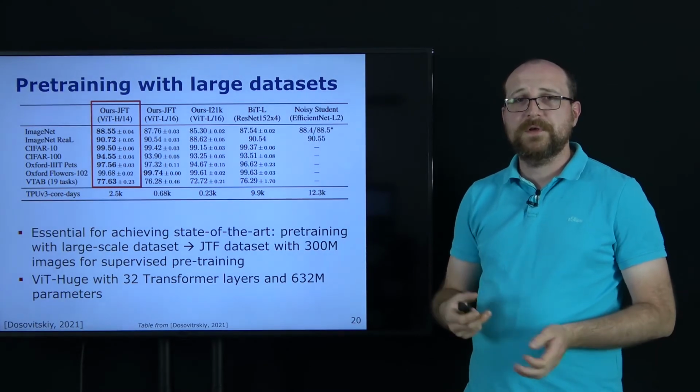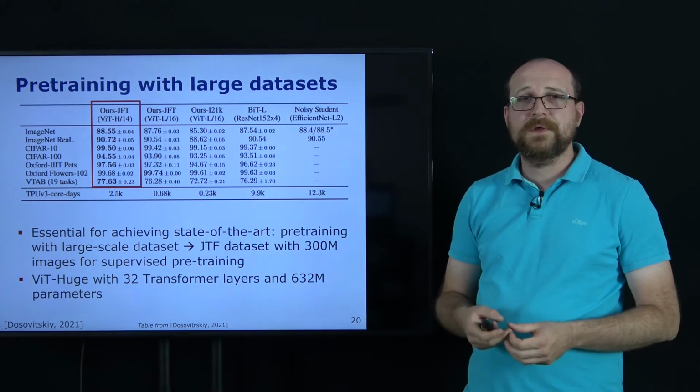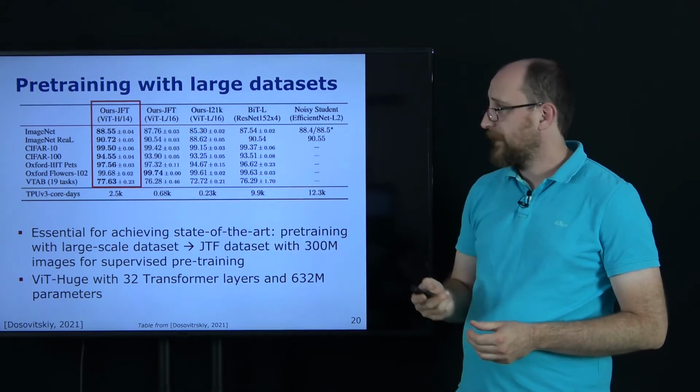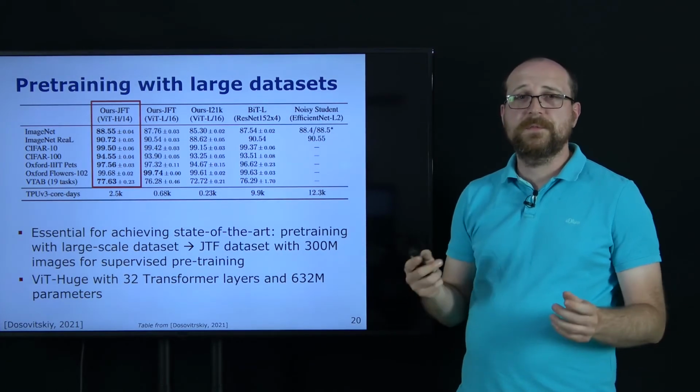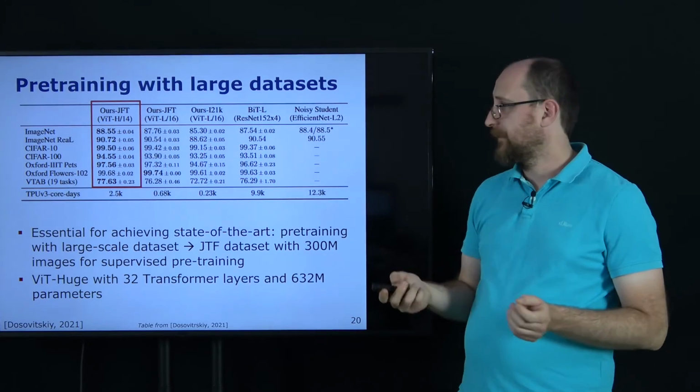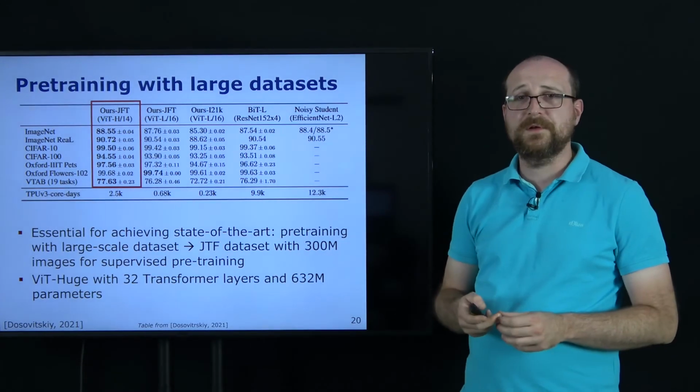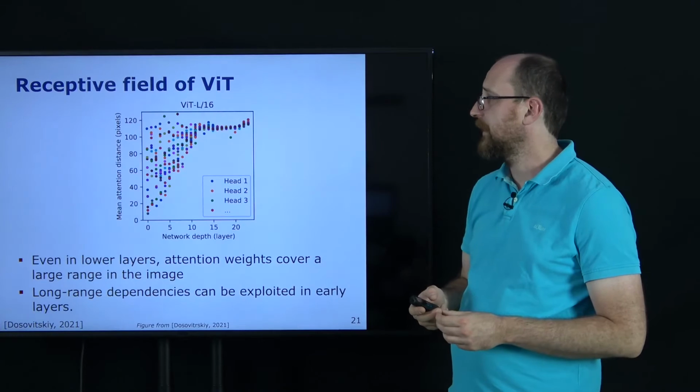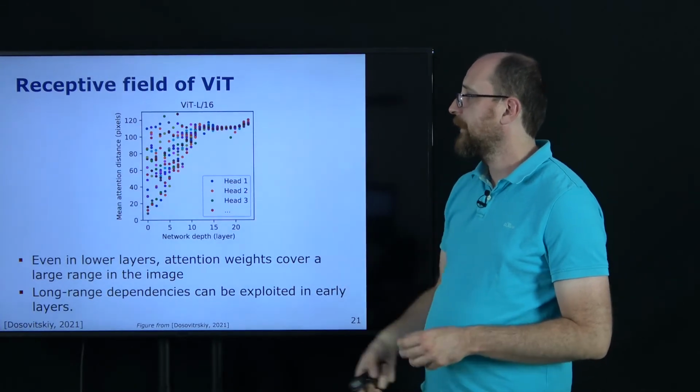And one interesting thing that turned out in the paper is when you look at the distance between the patches that were attended to, by using the attention weights in the different heads.